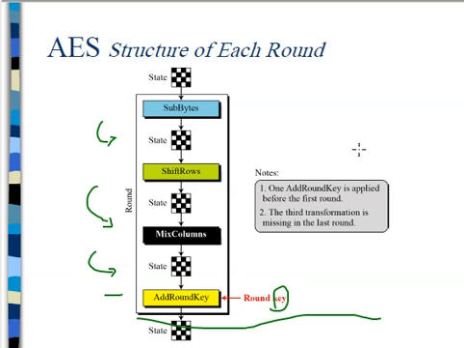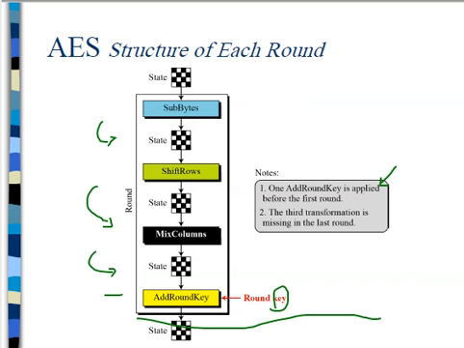Okay, and before the first round, the only step that will be applied is adding the round key, as I explained in the previous slides. And in the last step, we don't have the step of mix column.